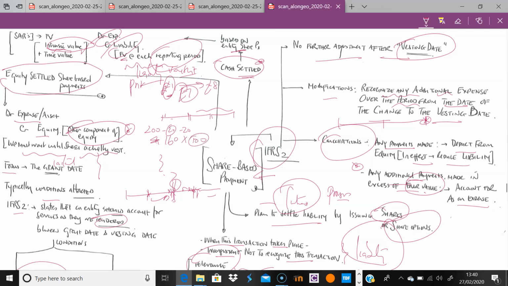Imagine it had been 100 shares each, times the grant date price, times a third. That's the first year. And for the second year, I'll do the same thing again with my new estimations, 2/3. And then whatever the difference is between when it was 1/3 and 2/3 is what I'll put through, like any normal provision. Anyway, I've spoken for too long. But that is share-based payments in effect.